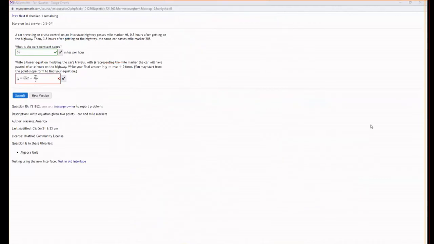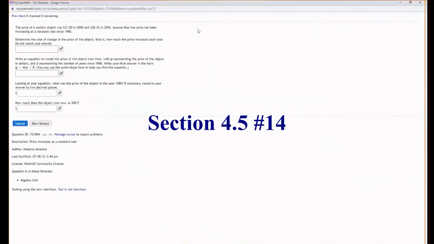Another homework question. Okay. So this is 4.5, number 14. The price of a certain object was $23 in the year 2000 and $28.25 in 2006. Assume the price has been increasing at a constant rate since 1980. Once again, we want to pick variables, but if we just read down a little bit, it picks the variables for us. Okay. But as usual, we want time to be our independent variable.